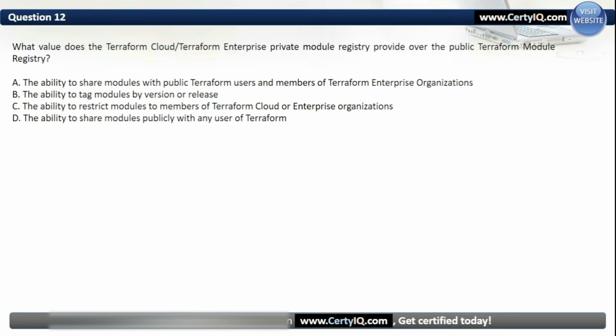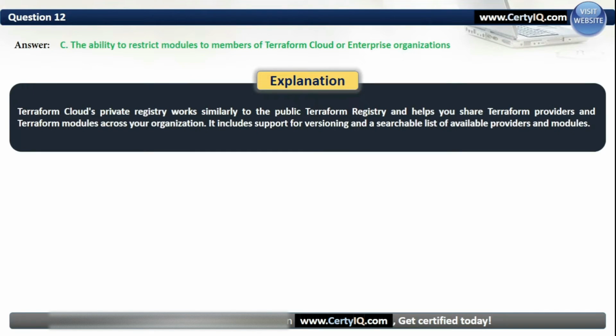Or D. The ability to share modules publicly with any user of Terraform. The correct option among all these is C. Terraform Cloud's private registry works similarly to the public Terraform registry and helps you share Terraform providers and Terraform modules across your organization. It includes support for versioning and a searchable list of available providers and modules.